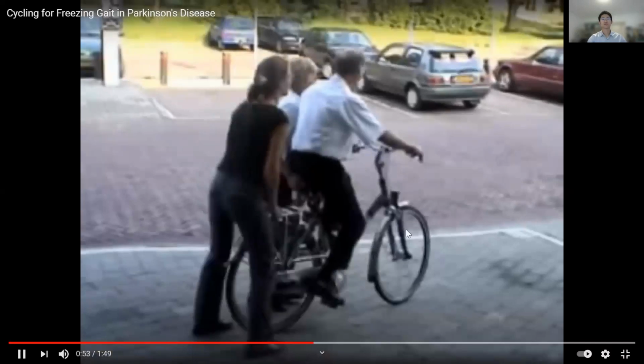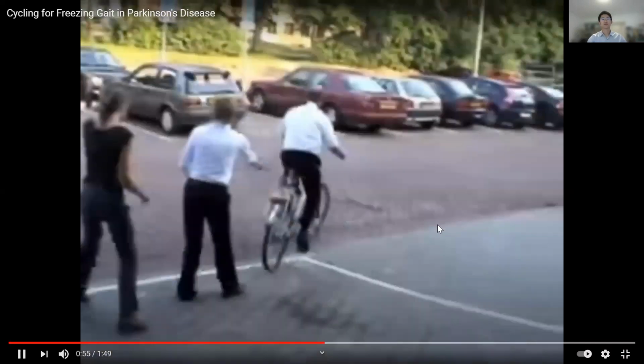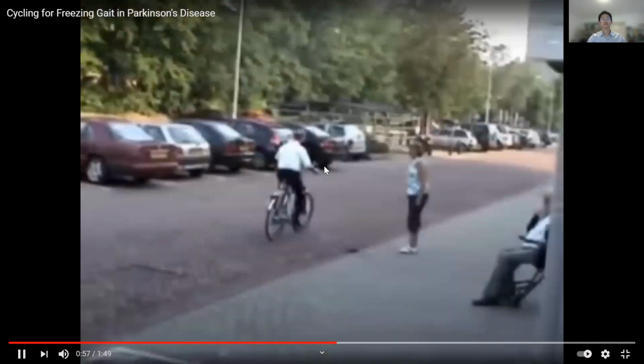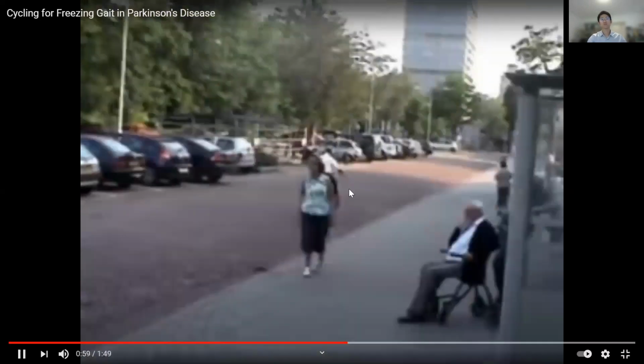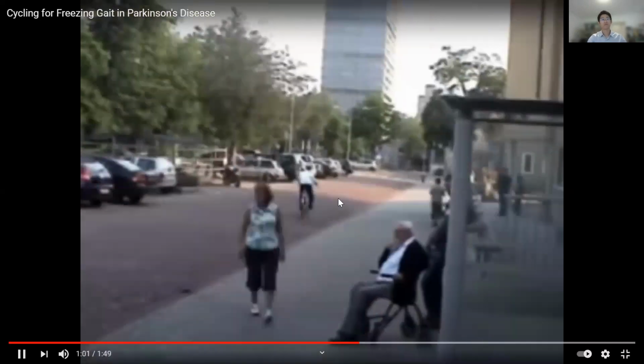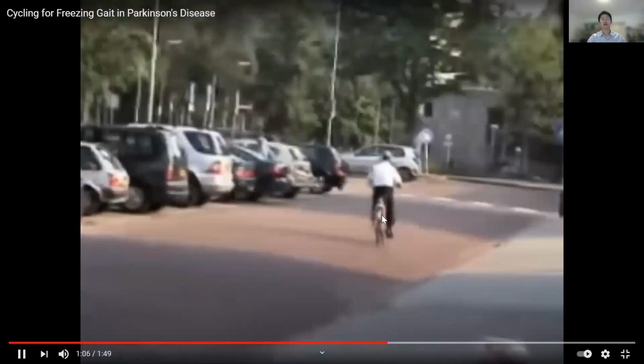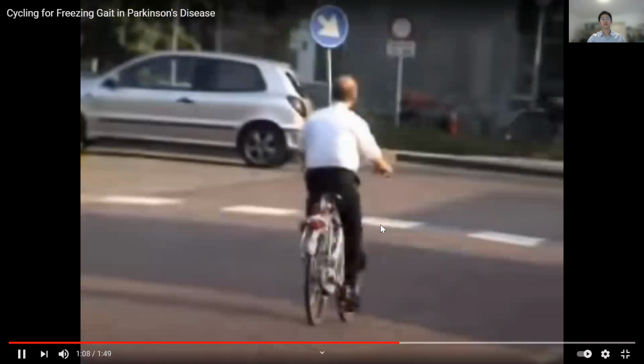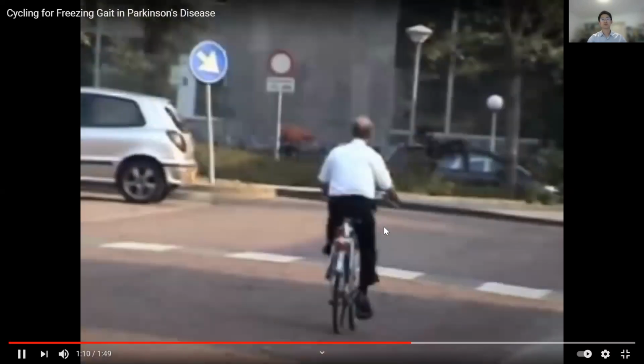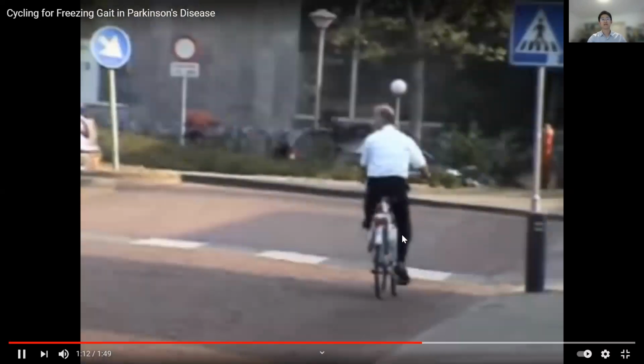And in the second video, the patient is riding a bicycle. We see he has virtually no problem with riding a bicycle. He can do cycling, and later he is even able to make a turn with the bicycle.